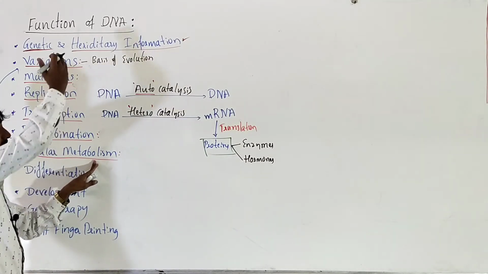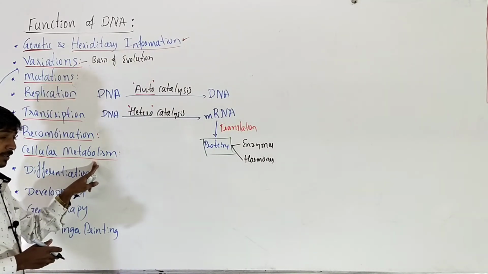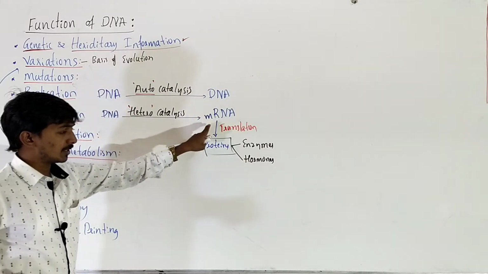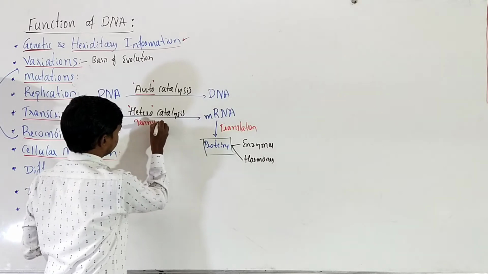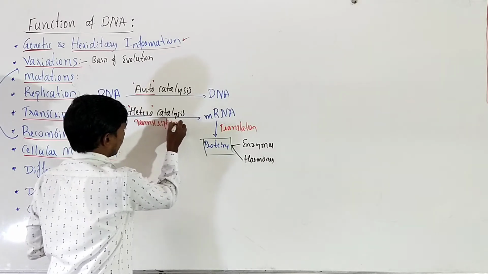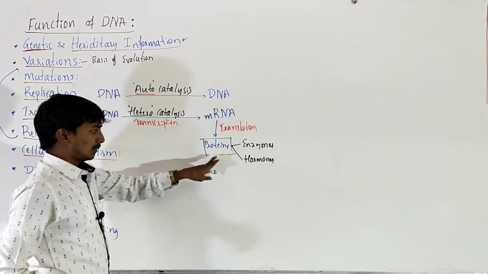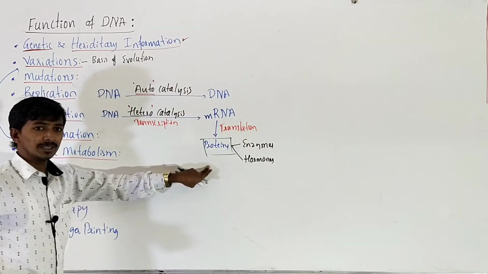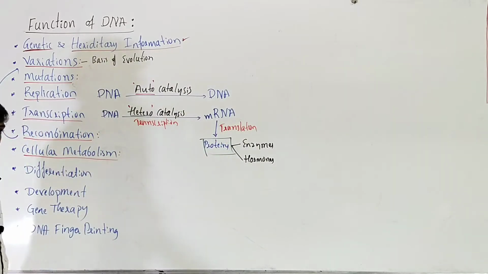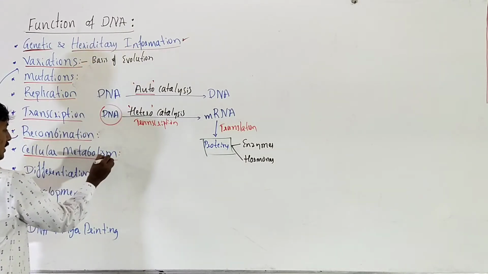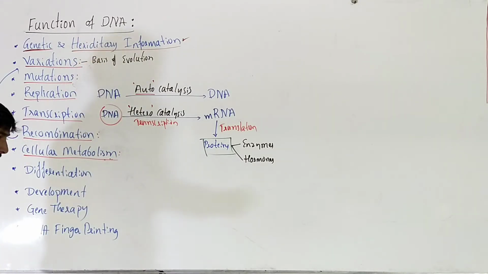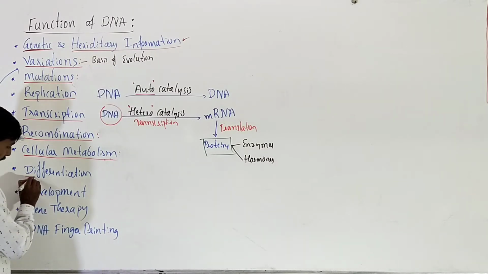Hence, DNA is the sole molecule responsible for metabolism, because DNA forms mRNA by transcription, and mRNA forms protein by translation. That protein will be involved in metabolic reactions. Hence, DNA is responsible for metabolic reactions. Okay, next, differentiation.